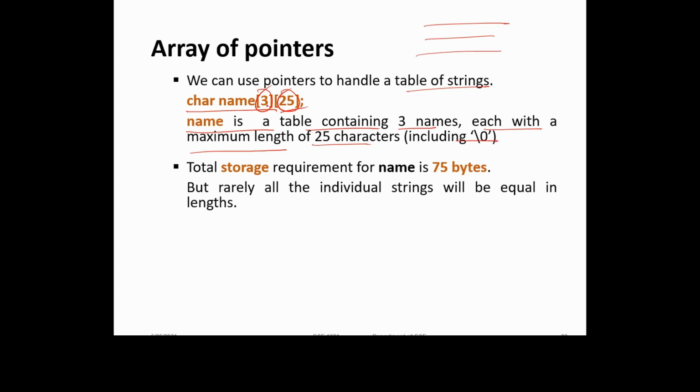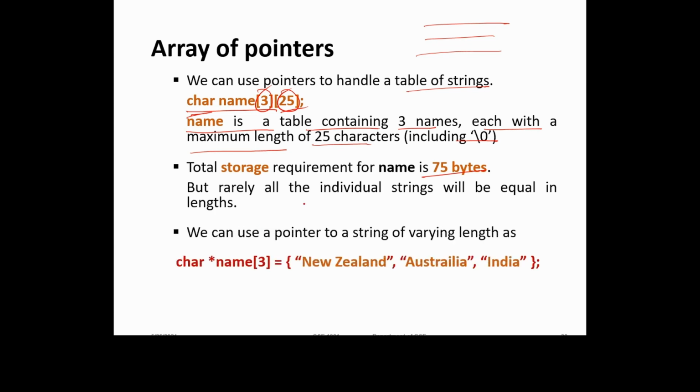And this total storage will require 25 into 3. It requires 1 byte for each character, then 25 into 3, that will be 75. Okay, so we can use a pointer to a string of varying length like this.